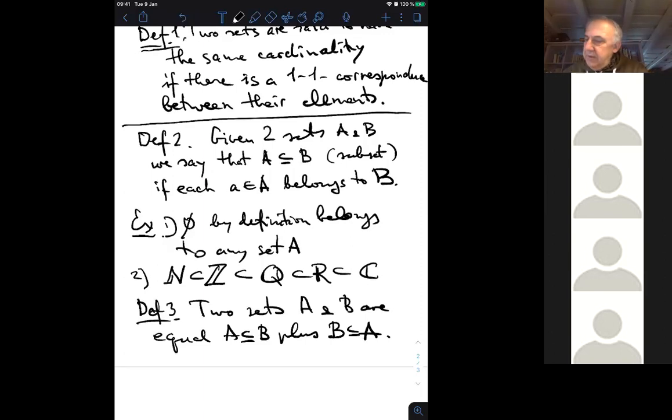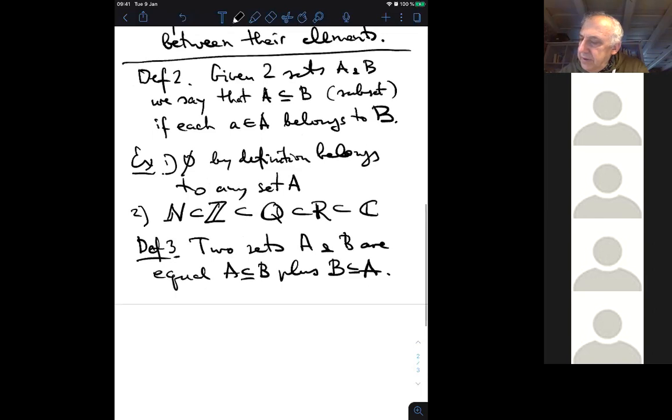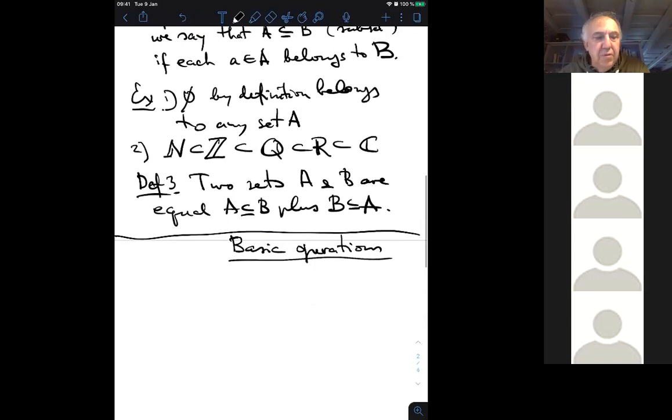Let's define basic operations. I'm sure that you know them as well, but let me still recall this. For the basic operations, we have to assume that all sets we'll be working with are contained in one set which lies behind, which is called the universe.